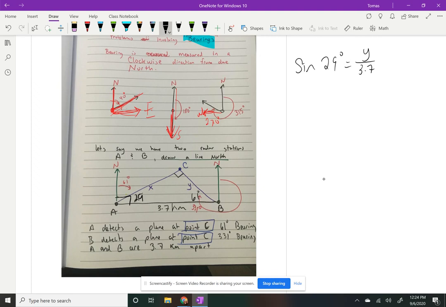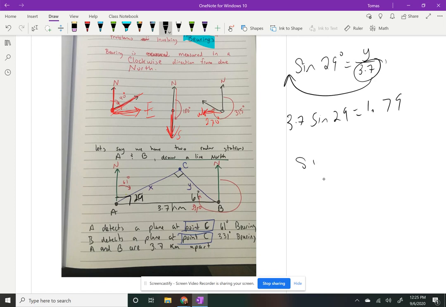And whenever it's on the bottom, we bring it to the front. 3.7 times sine of 29 gives us, give me a second, let me get my handy dandy calculator. Sine of 29, and we get 1.79. We want to find x.